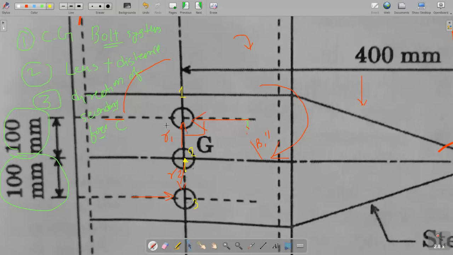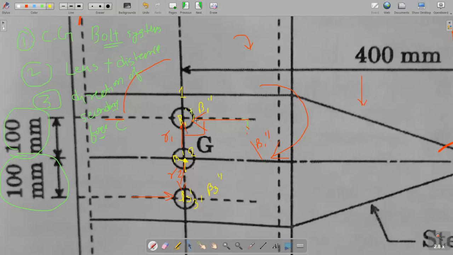So there is one primary force B1 dash on the bolt, and B3 dash and B2 dash acting, along with B1 double dash, where the double dash indicates the secondary force, and B3 double dash.